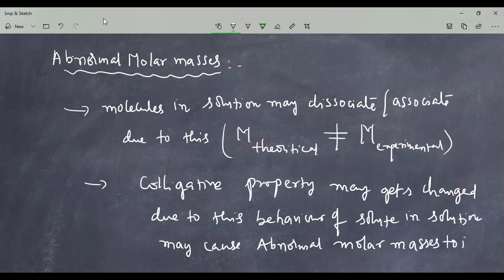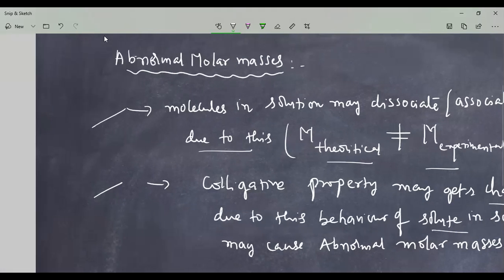So if you observe, molecules in solution may dissociate or associate, and due to this the molecular weight determined experimentally will not match the calculated value. That's why the colligative property also gets changed. Because of the solute behavior in solution, the molar mass obtained is called the abnormal molar mass.